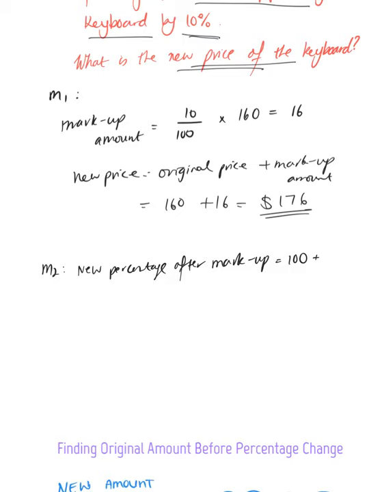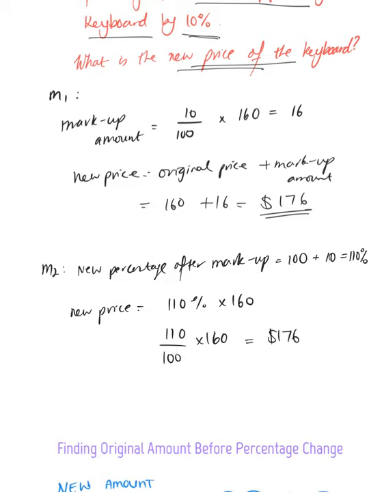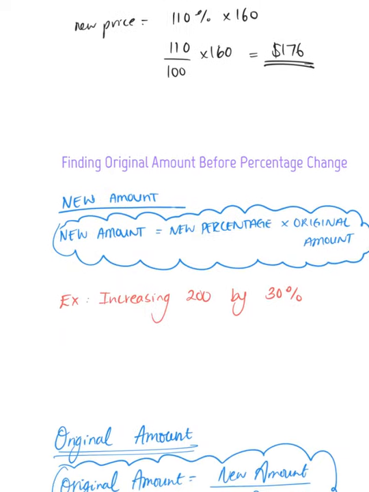So I have 100 plus 10, so that's 110%. And to find the new price, do 110% of $160, and 110% can be rewritten as 110 over 100 times by 160, and that gives me $176. Again, I found the new price of this Magic Keyboard using method 2. Now, you pick and choose which method you want to use.